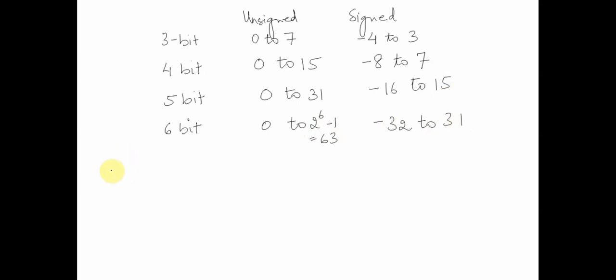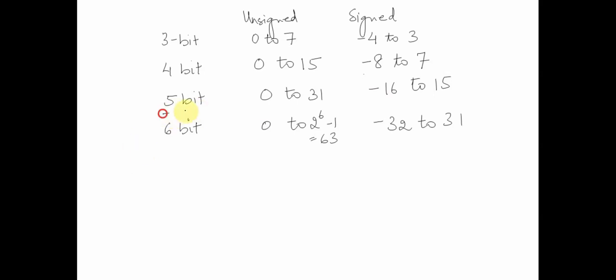So I created this table just to give you an example. Let's assume we have two numbers and we have to add them. We have already seen multiple calculations using unsigned integers. Let's use signed numbers now. Say one is -14 and the other is +5.